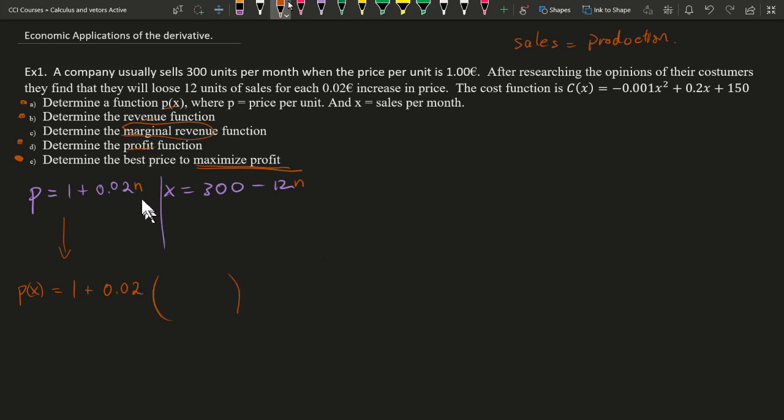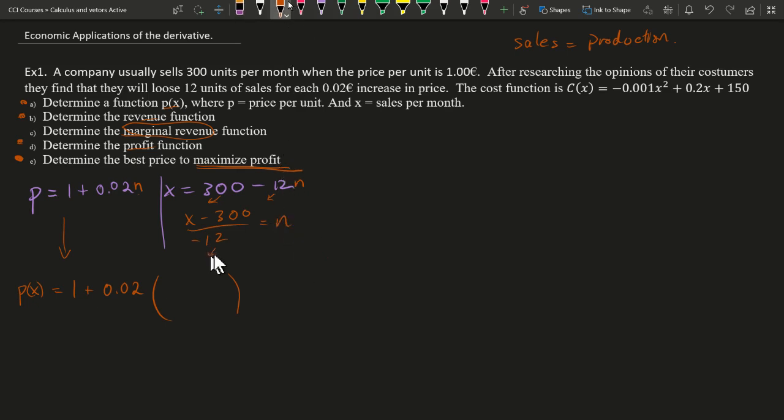But what I'm going to do, instead of writing n, I'm going to write x in terms of n over here. I'm going to write n is equal to x minus 300. So if I take away this 300, and then if I divide by a negative 12, I've got my n value in terms of sales.